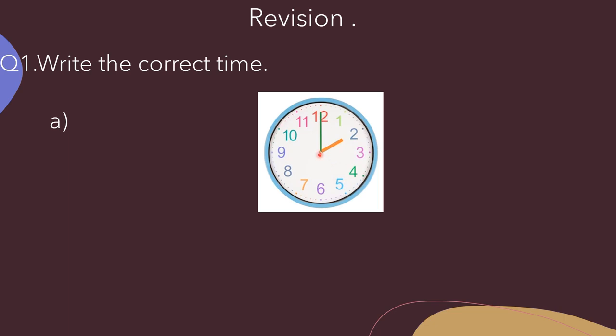For that we need to see the hour hand. Here the hour hand is at number 2. So the time is 2 o'clock. So here we will write 2 o'clock. So beta, when it is o'clock, minutes are 0. So in another way we can write it as 2 colon 00.